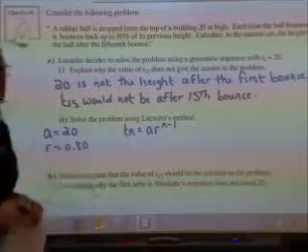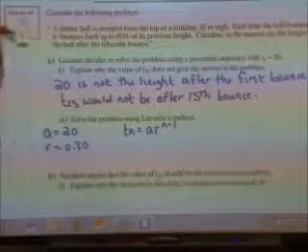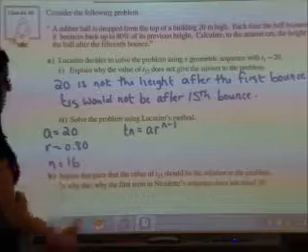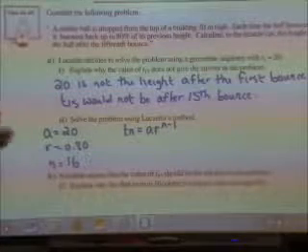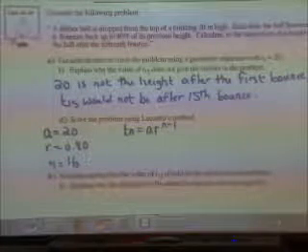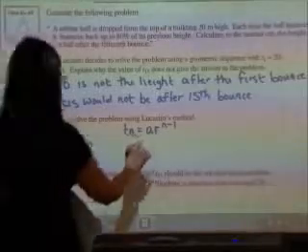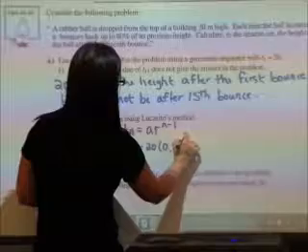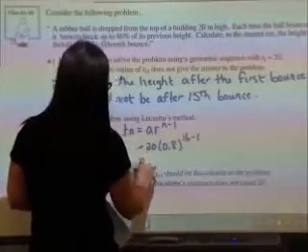I don't have to take it away from 100 because it bounces back up to that 80% mark. And then n would be the number of terms, which would have to be 16. I would need 16 terms to get to the 15th bounce. So then I would get 20 times 0.8 to the power of 16 minus 1.